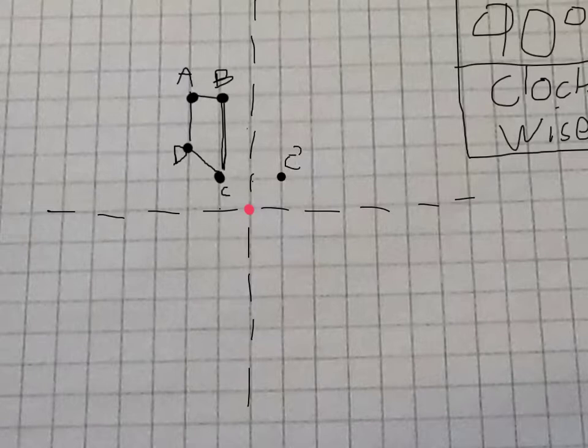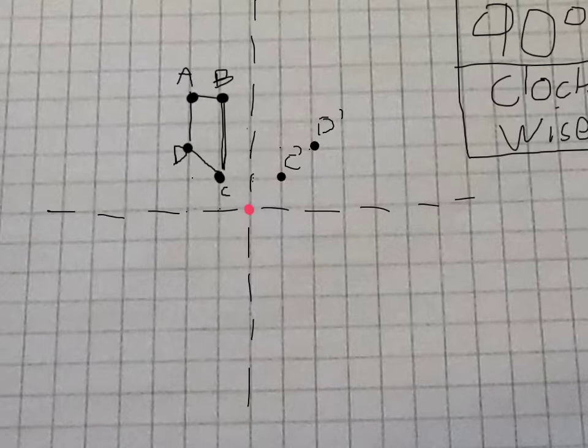So that's what the C would be, C prime, we call it. And here, now we need to count D. So 1, 2, and 1, 2 up. So 1, 2 up, and 1, 2 to the side. So this is our D prime point.